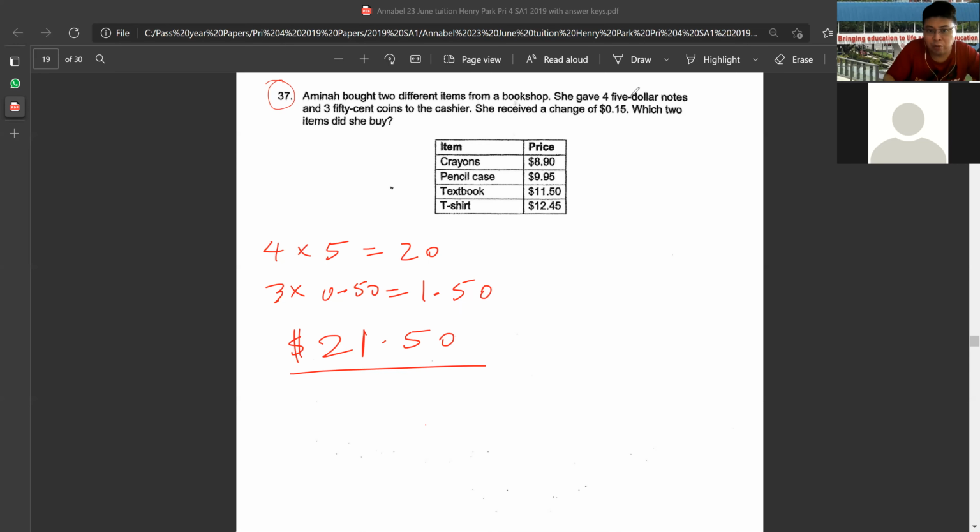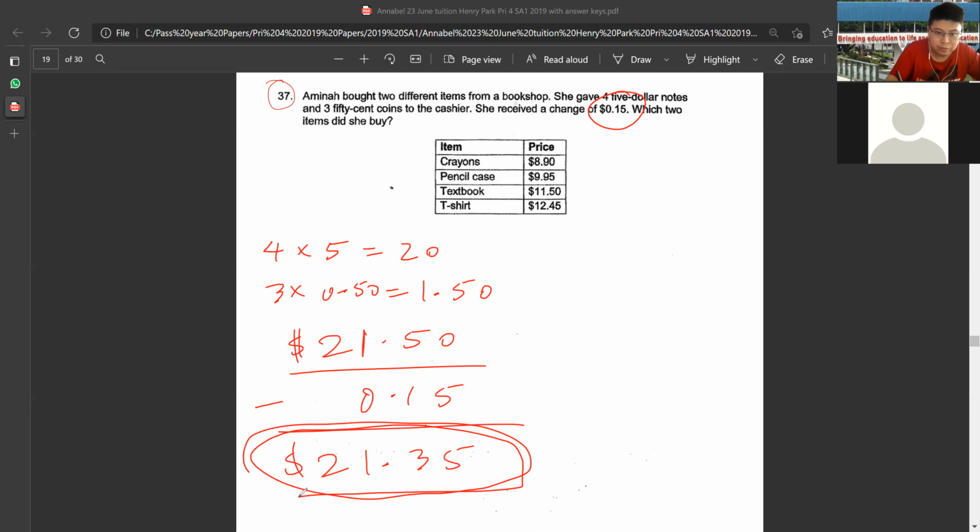She received a change of 15 cents. So this is how much she spent. Then which 2 items did she bought? You see which 2 add up to equal this? That's the 2 items.